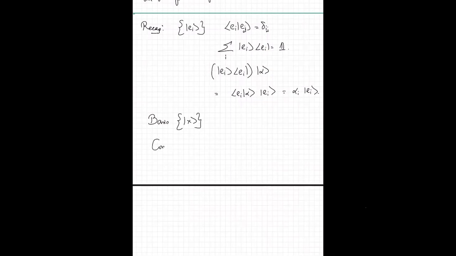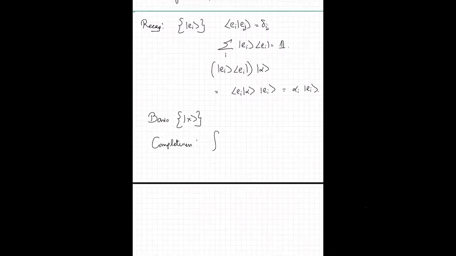So it's not hard to see that the notion of completeness should generalize to integral dx |x><x| equals 1. In fact, I can just write down 1. This should be the notion of completeness. This is how, for example, this would generalize.